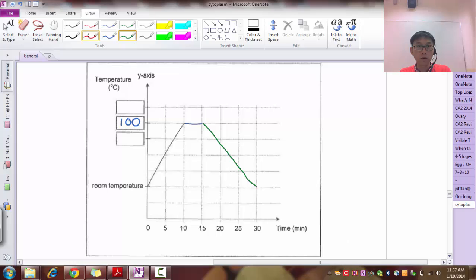Okay, now another way of writing it, I'm going to use red, is you can let it drop so that at about the 25th minute it reaches room temperature, and what you must ensure is that after that it's a horizontal line. Okay, because remember the temperature cannot drop more than the room temperature.